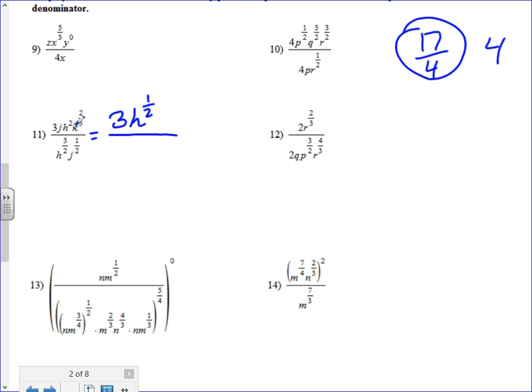Okay, J's next. I have J and I have J to the 1/2. Which one's higher? J has the exponent of 1. So what's bigger, 1 or 1/2? 1. So 1 minus 1/2 is 1/2. Where does my J to the 1/2 go? In the numerator, because that's where J was the highest.